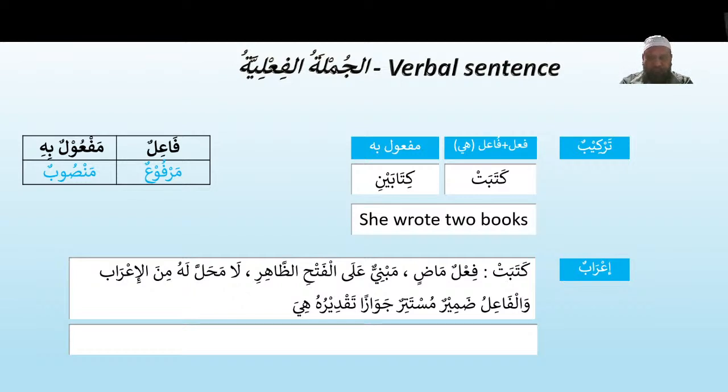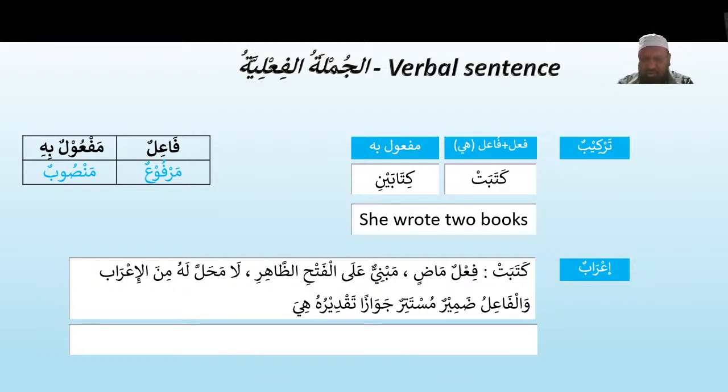كتبت فعل ماض مبني على الفتح الظاهر لا محل له من الإعراب والفاعل ضمير مستتر جوازا تقديره هي.